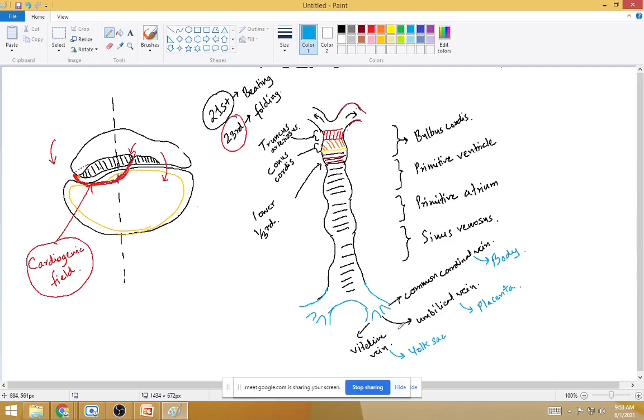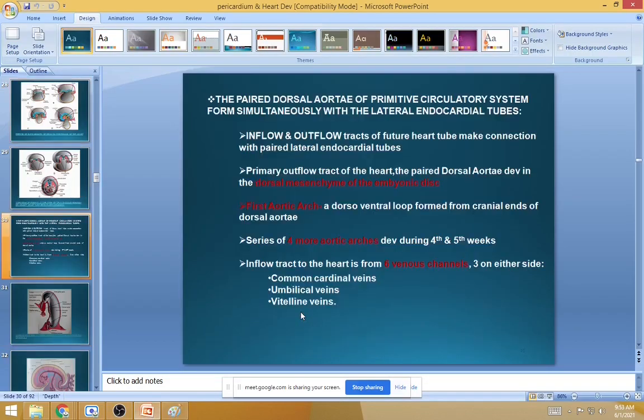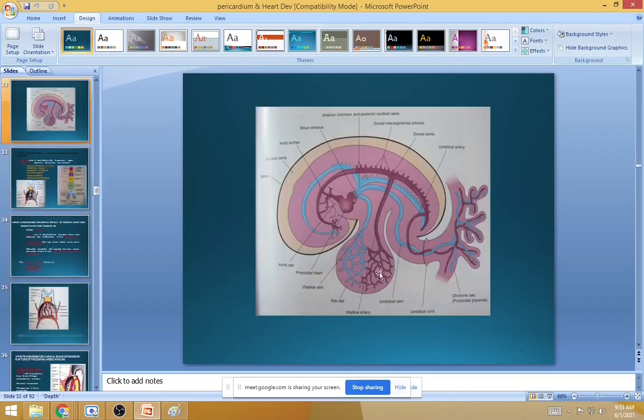So this is the inflow, and I think I have a picture for this. Now can you imagine, this is the heart tube being formed, this is the outflow being connected through the aorta, the dorsal aorta on either side. This is the inflow.